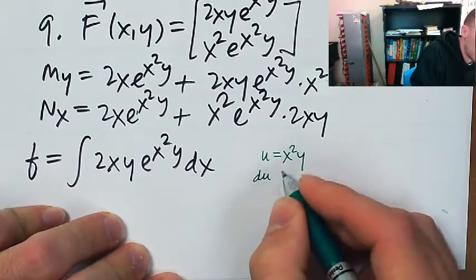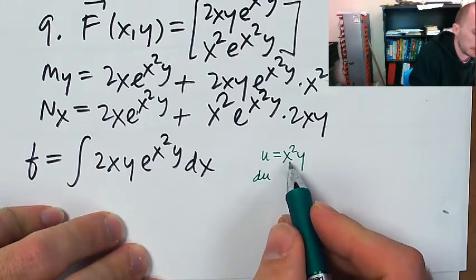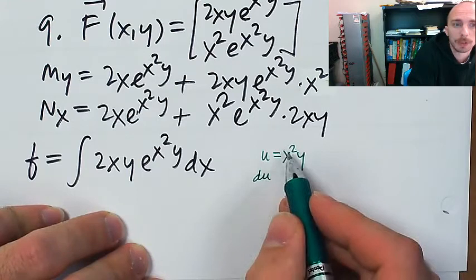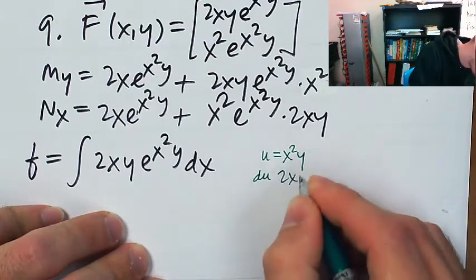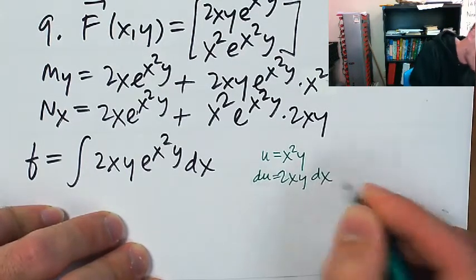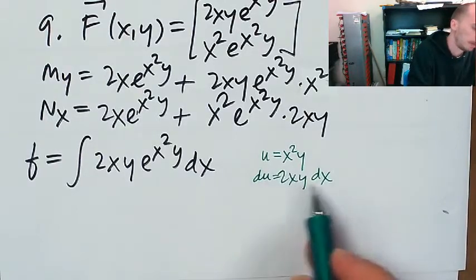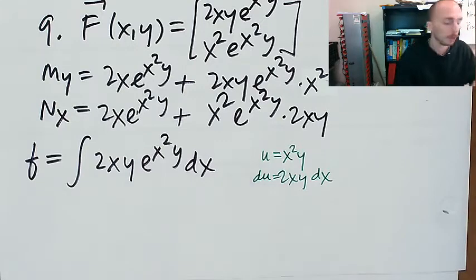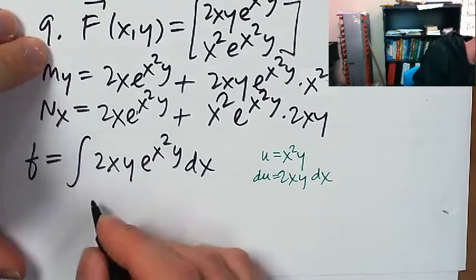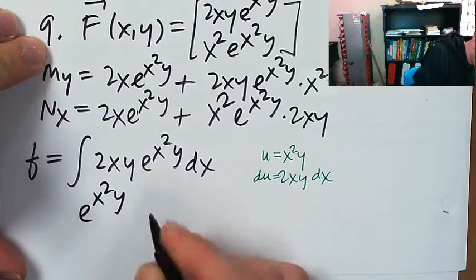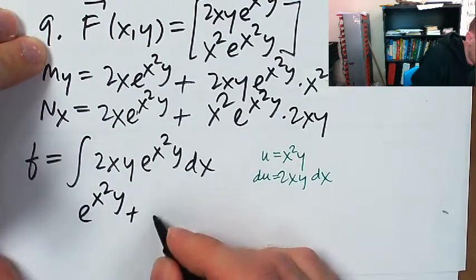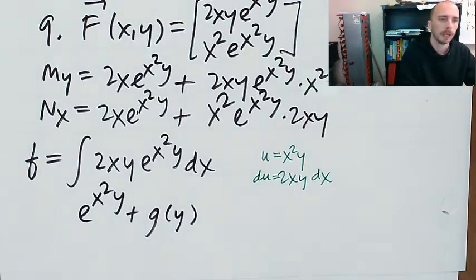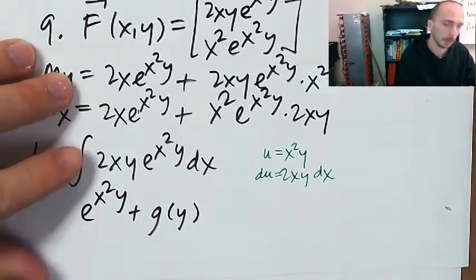Then du, with respect to x, is going to be 2xy dx, and that's exactly what I've got. So I've basically got e to the u du. Its antiderivative is going to be e to the u. So I've got e to the x squared y plus some function that may only depend on y. And on the other hand, I need more paper.